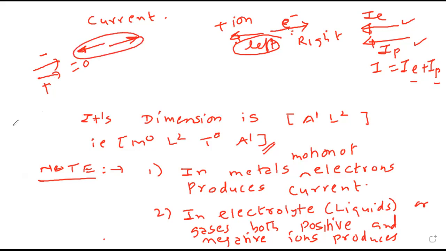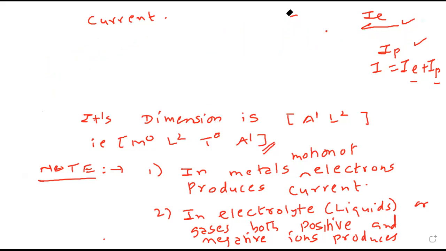So you have to remember every time, current due to positive is in same direction, due to electron is in opposite. So if electron goes to the right, its current is to the left. Positive to the left, current is to the left. Left, left, we will add. So net current will be the sum of current due to flow of electron and due to flow of ions in case of electrolyte. Right? Note point 1 and 2.